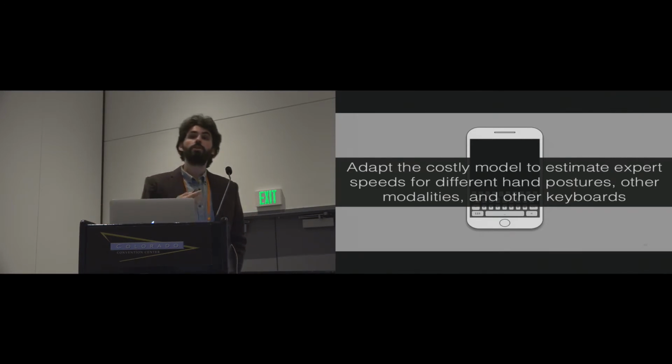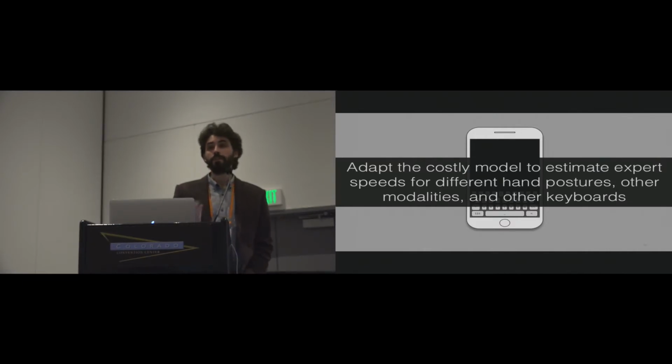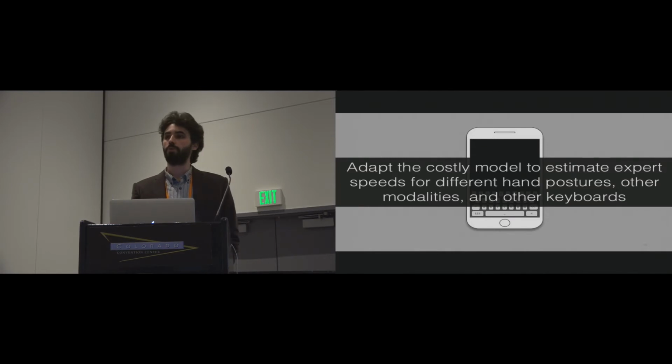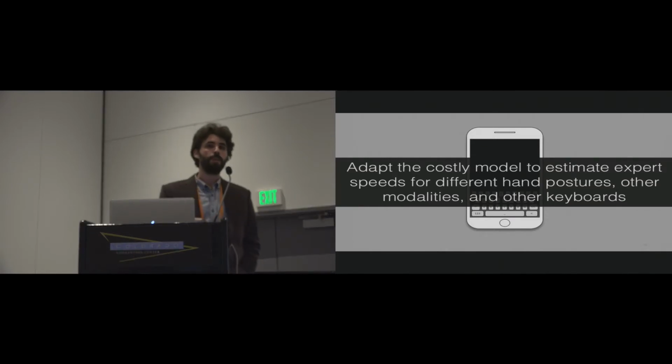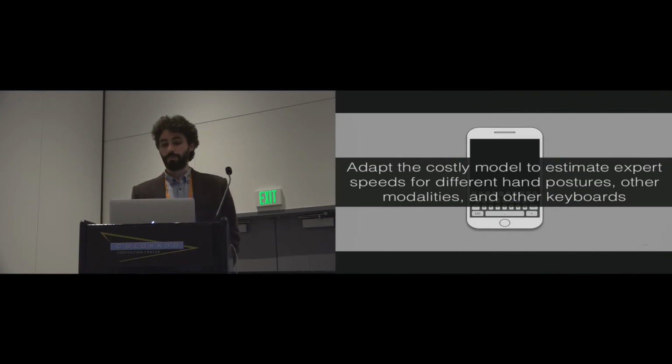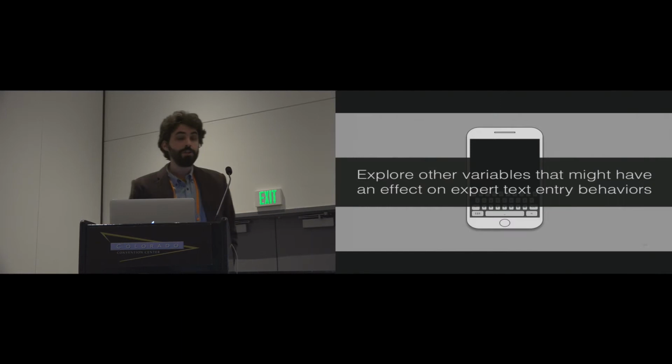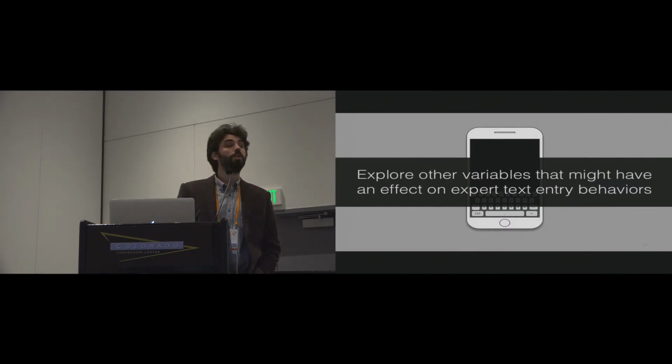But we still would like to take a look and see how different keyboards, different modalities, different ways to hold a keyboard, or different ways to enter text can impact the speed of text entry, now considering the cost of error. Now, of course, there are other different variables that we want to take a look at.